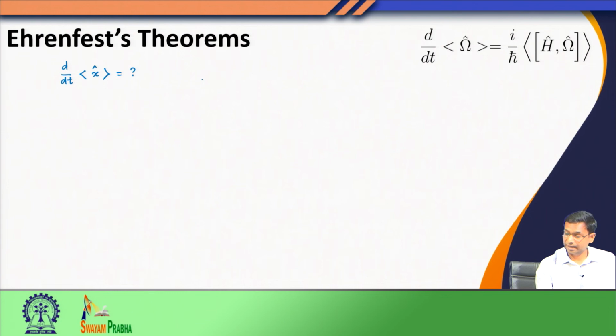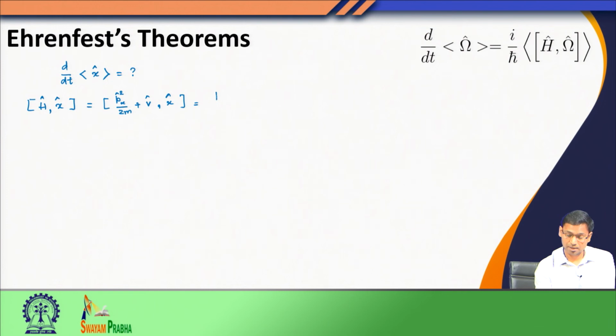To do this, since I am interested in the time evolution of the position operator, the first step is I must find out the commutator between the Hamiltonian and the position operator. I know the Hamiltonian operator has two terms, and these are all operators.